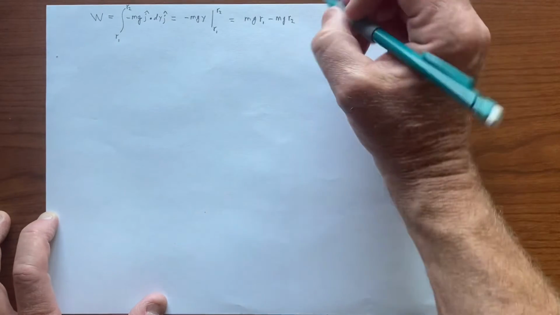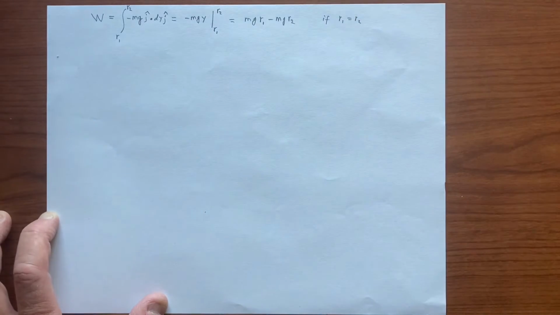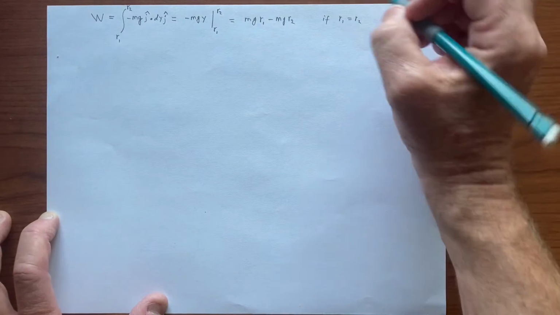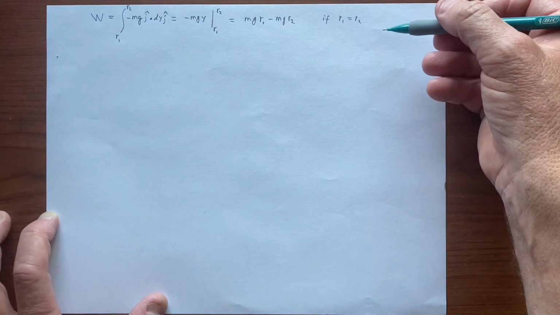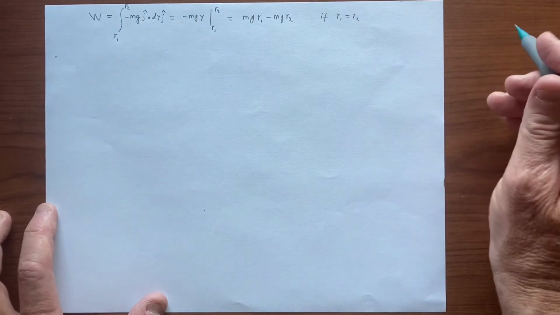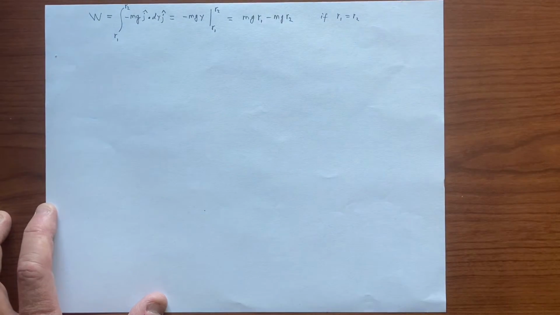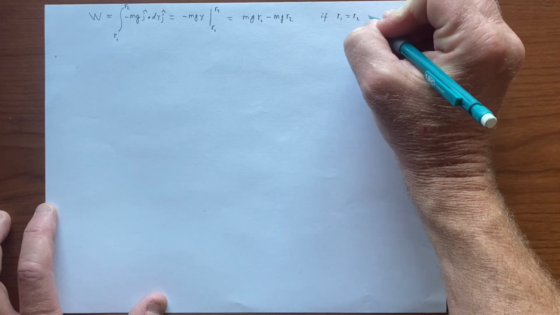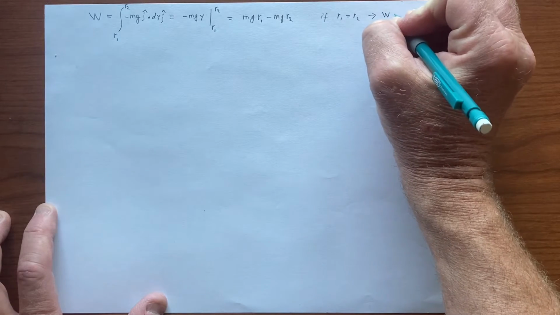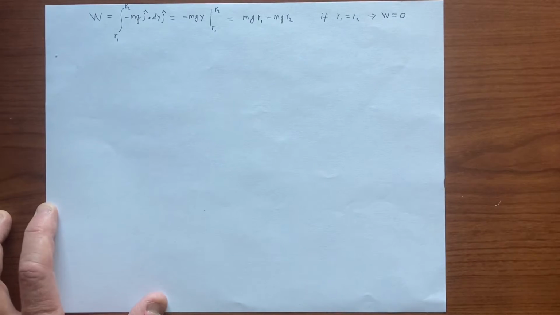And let's consider r1 equal to r2. So we could be at ground level. We launch an object up and it comes back to ground. And so r1 is equal to r2, and what follows from this is that the work is 0, because both of these are the same.